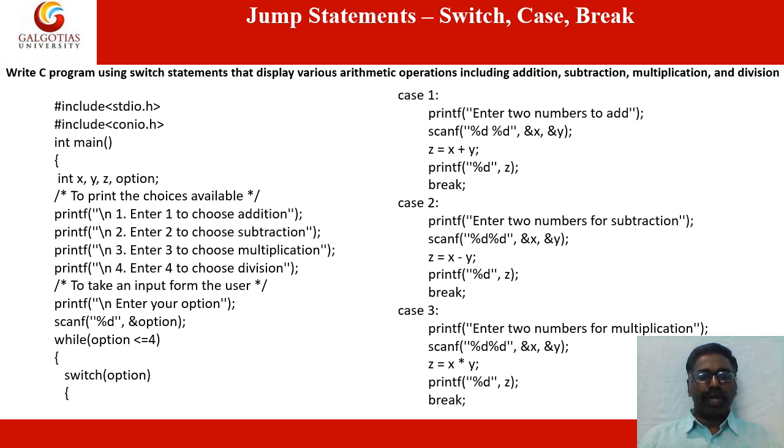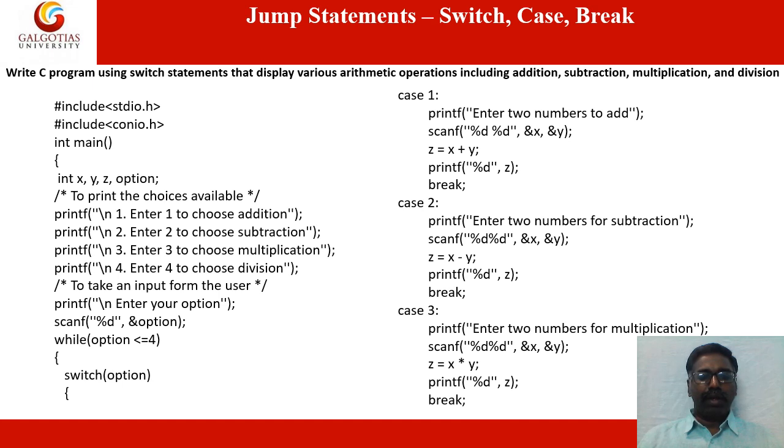The user is going to enter some value that is read into a variable option, which is declared as a numerical value, that is an integer. Now if your option is less than or equal to 4, that is, the user enters any one of the values 1, 2, 3, 4, then only we will get into the while loop.